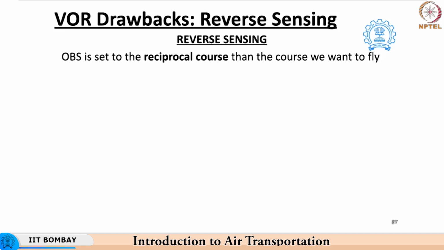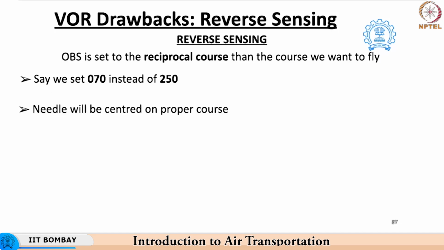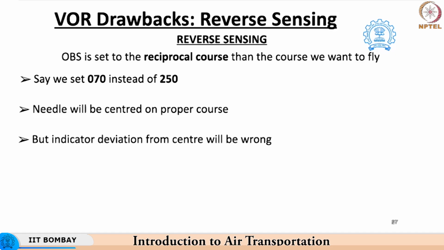For example, he wanted to follow a 250-degree path, but by mistake he has set a course of 70 degrees. The needle will be centered on the proper course. However, the indicator deviation from the center will be reversed. So basically, when the plane is on the true course, the CDI will show a particular intersection with the leg.